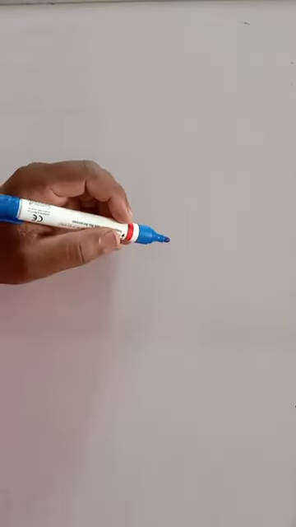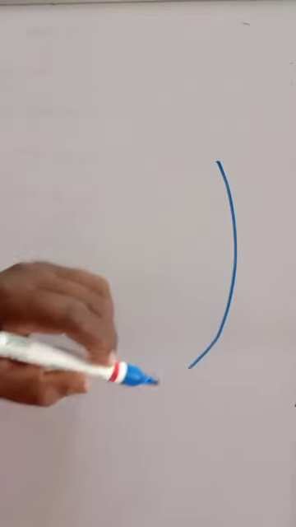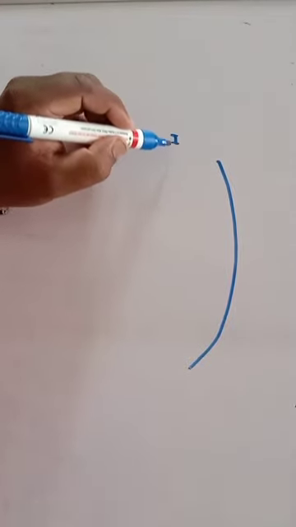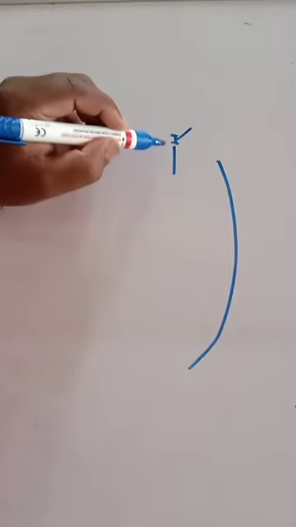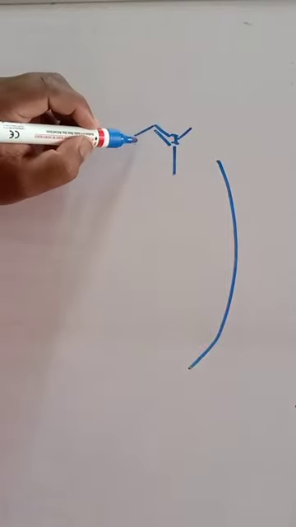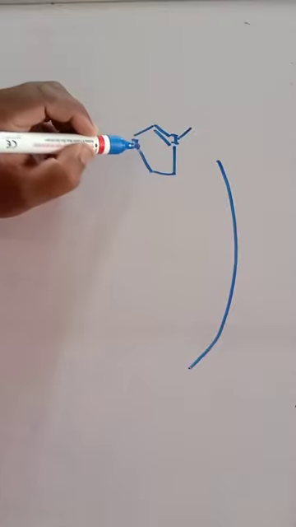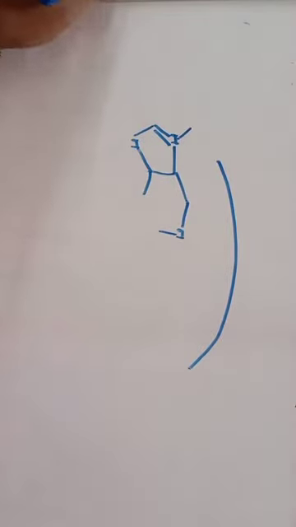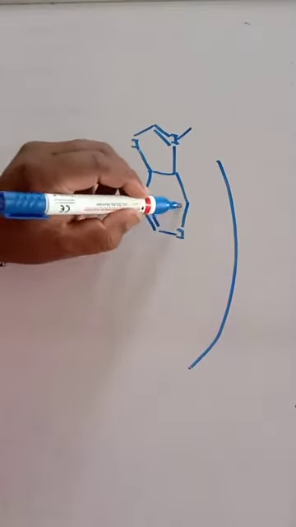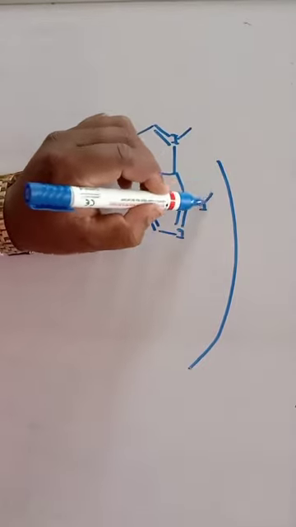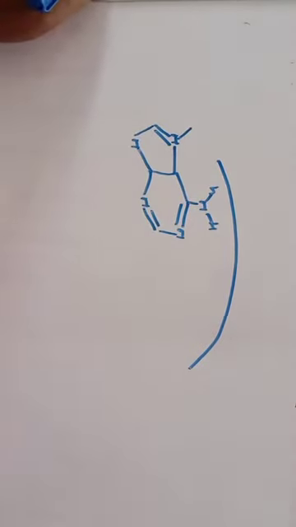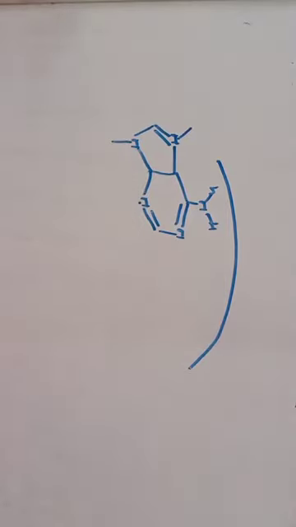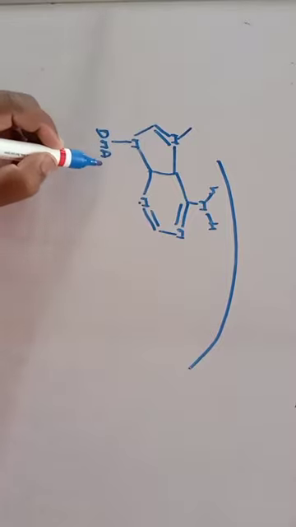Let us discuss first what is actually present in the DNA strand. So the DNA chain is there.